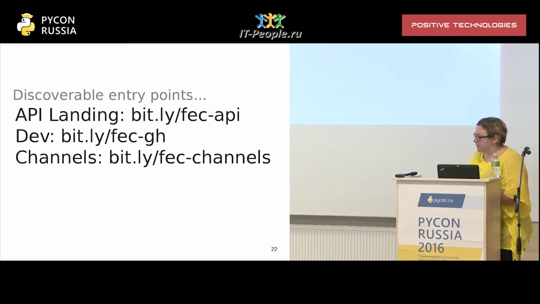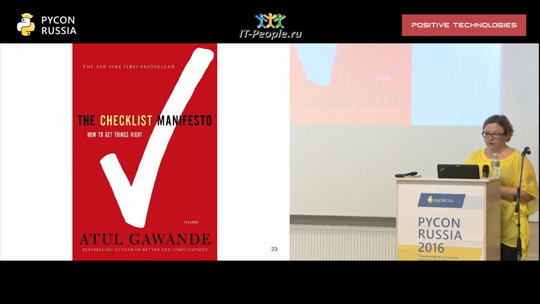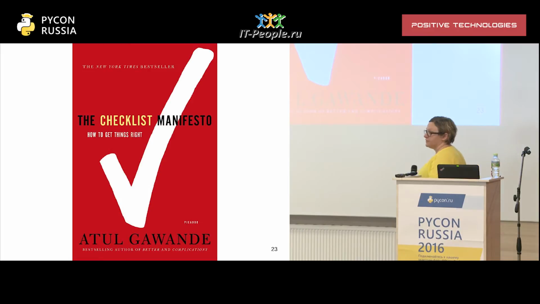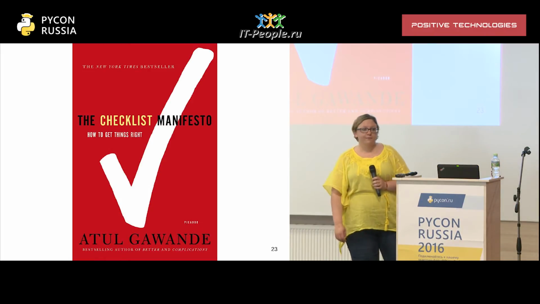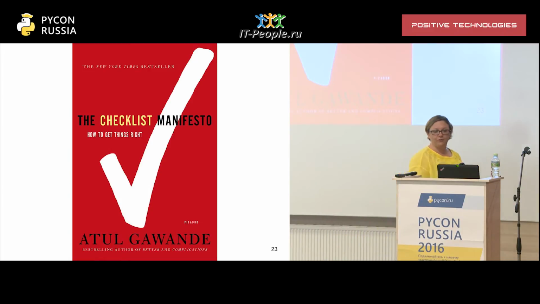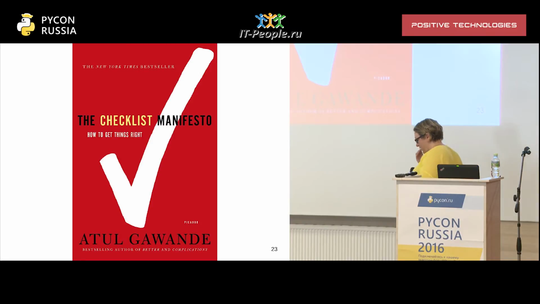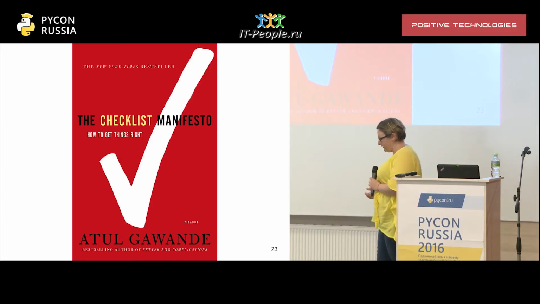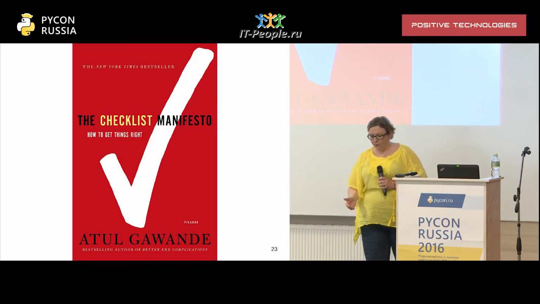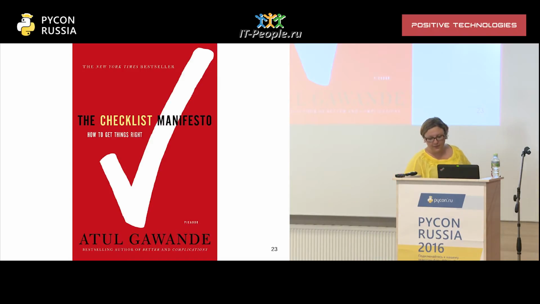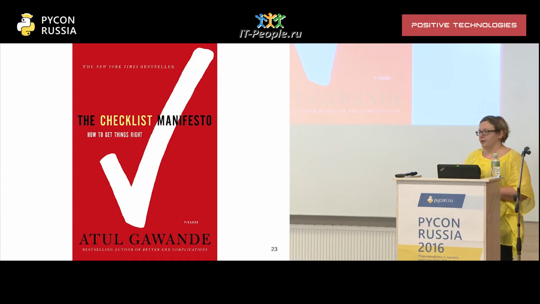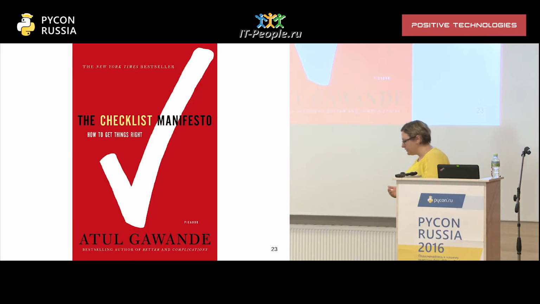So when I started to think about this, at the same time, I was reading this book. It's called The Checklist Manifesto. It's a good book, but it might be boring for some. But it's basically a book about how checklists help improve success and repeatability. And so then I thought, well, what kind of checklist can we have for software developers?